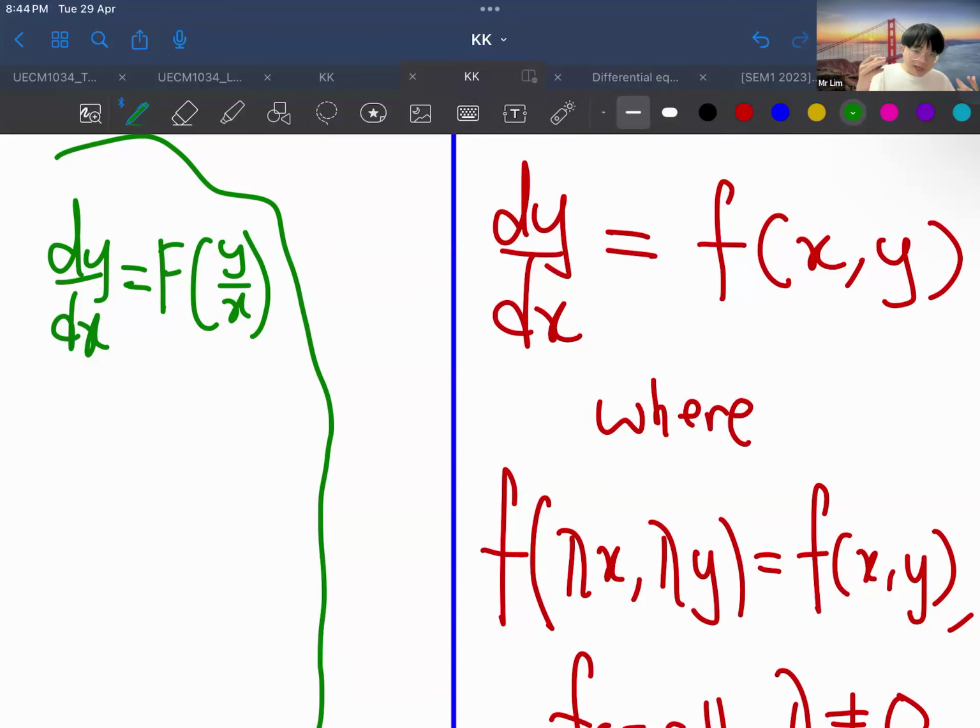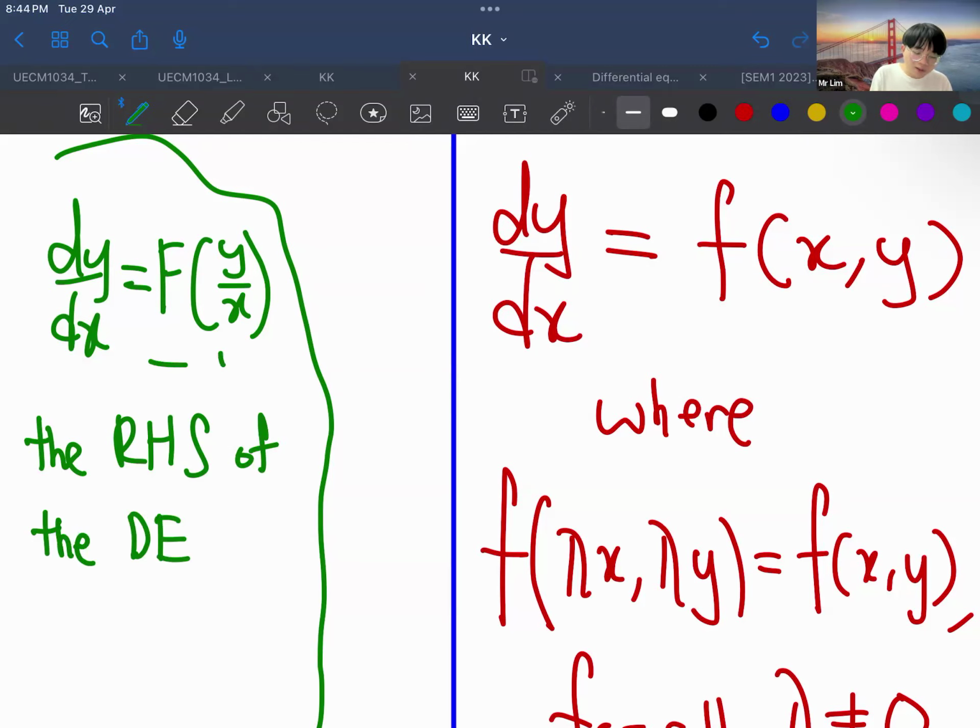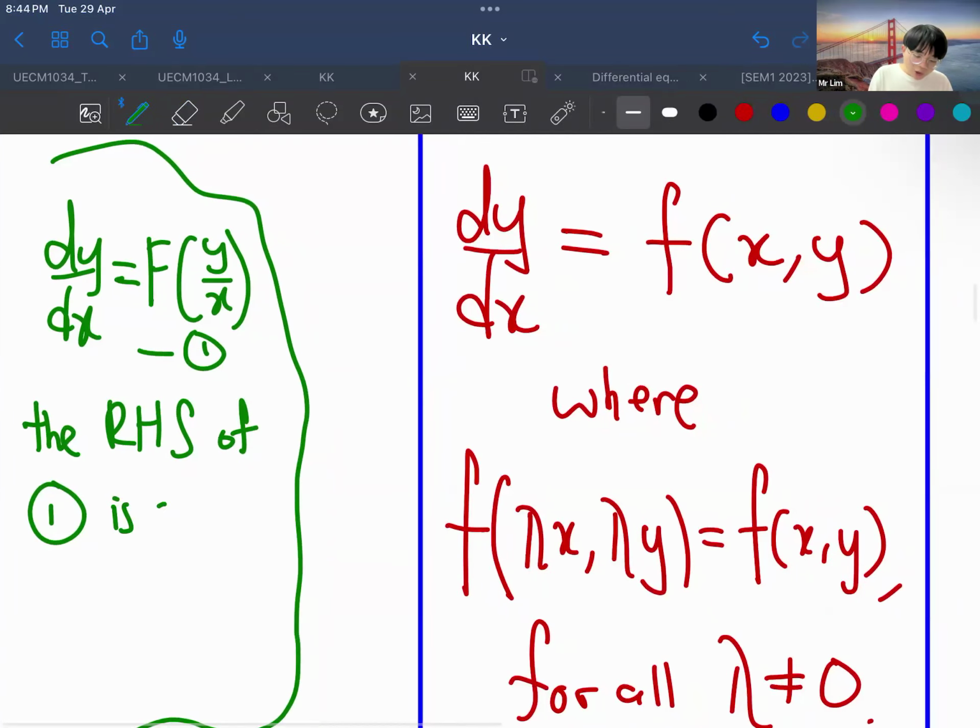Meaning that the right hand side of the equation of the DE, when you write in this formula, right hand side of equation number 1, is only dependent on y over x.